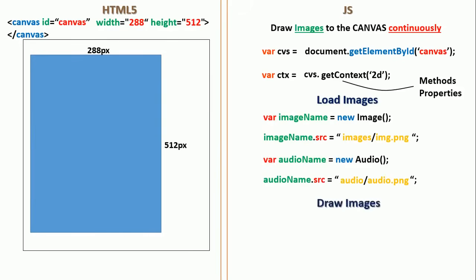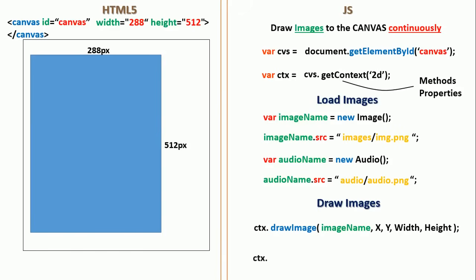Now to draw an image, we will say ctx.drawImage. This function gets a lot of arguments, but for now, for the example, we will give it just 5 arguments, which are the image name, its X position, its Y position, its width, and its height.